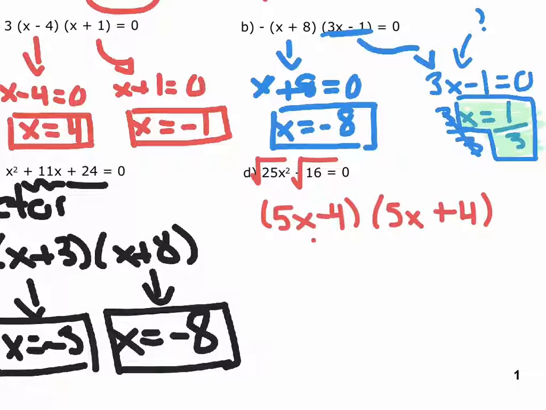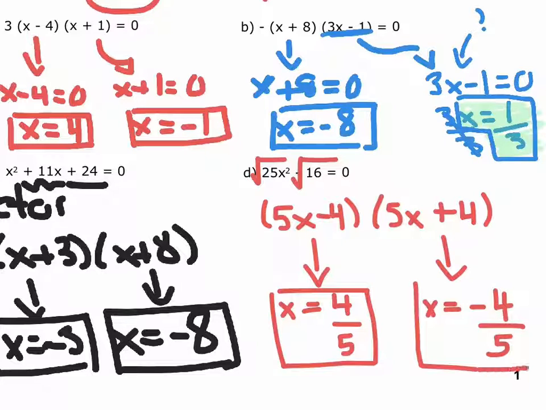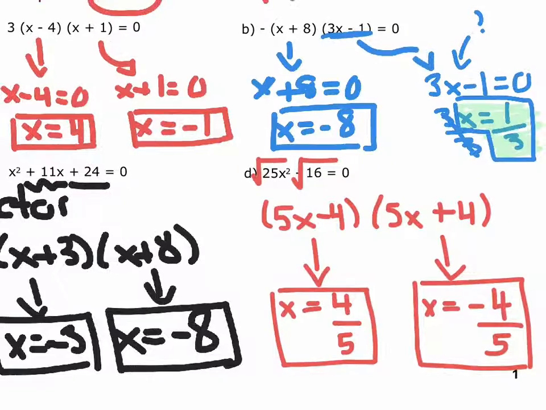When we solve, we would get x equals 4 over 5 as our final answer, and x equals negative 4 over 5. Notice how I'm keeping everything in fraction form as we go through this.